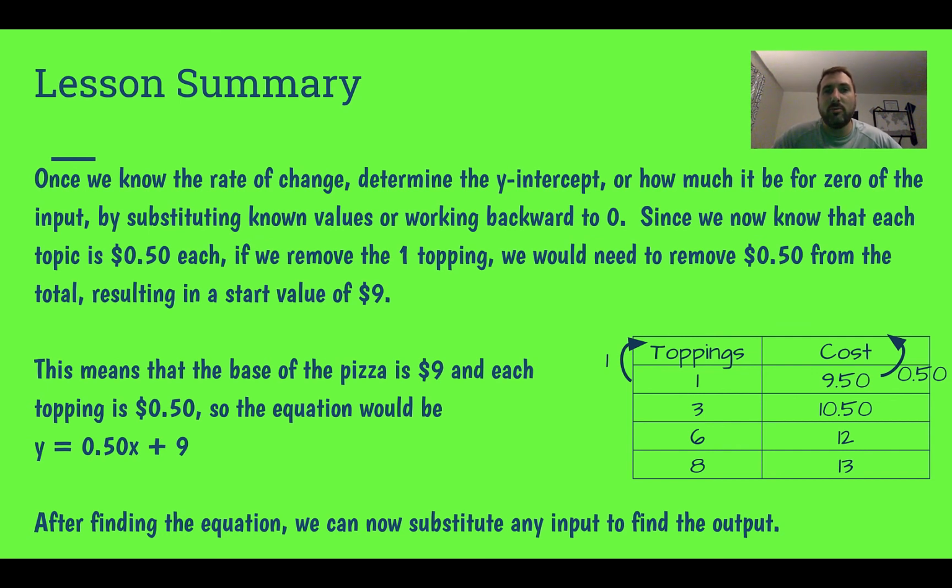Our start value must have been $9. So our y-intercept was 9. Putting both of these into the equation, we would end up with y equals 50 cents x plus 9. Now that we know our equation, we could figure out the price of our pizza no matter how many toppings we put on. So if we wanted a pizza with 20 toppings, we could figure out the price.